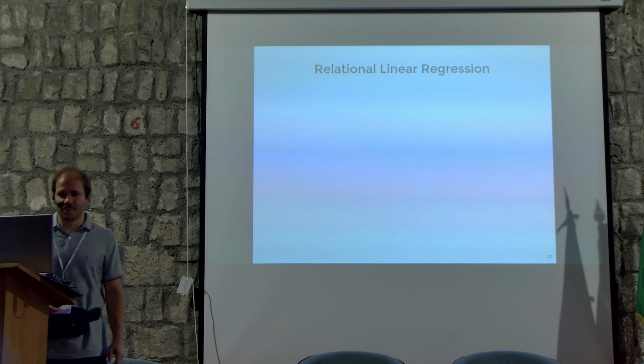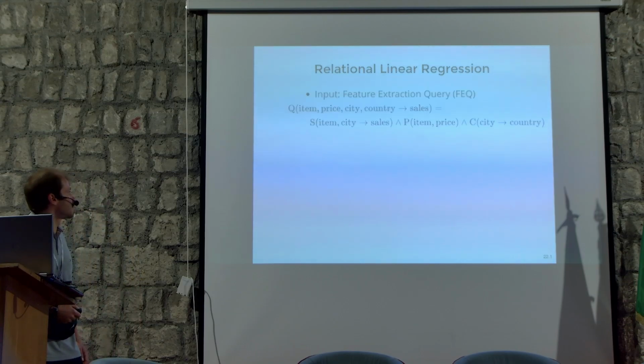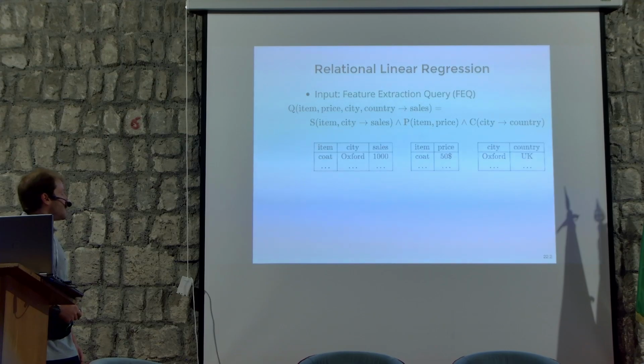So what does the setup of our problem look like? We are given a feature extraction query. In particular, we are given a database query like this, where we have some input tables. In this example, we have a table that maps a pair of item and city into the sales of this particular item in this particular city.